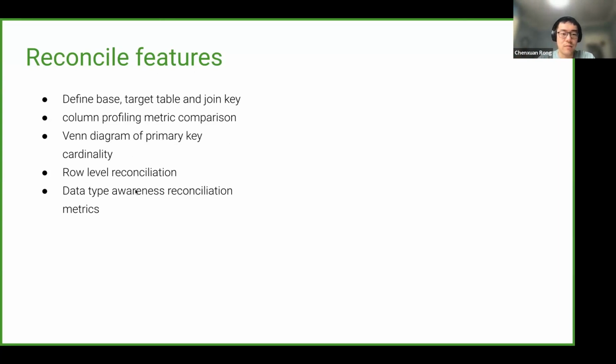Yeah, row level reconciliation, as I explained earlier. And lastly, data type aware reconciliation metric. So what previously happened a lot is, for example, comparing a numeric column. We're not expecting a 100% replication of the old data set.